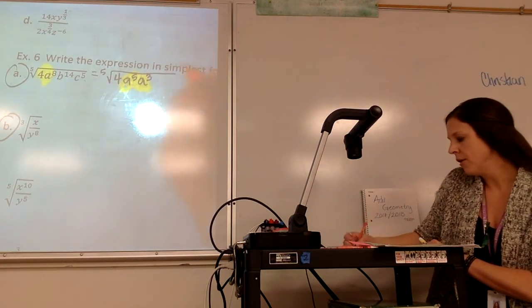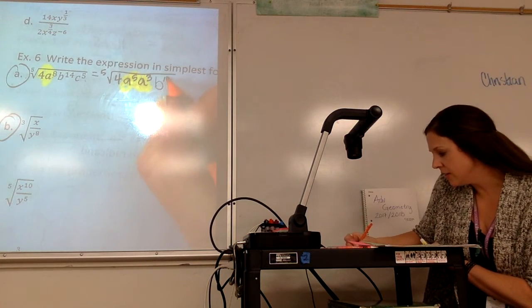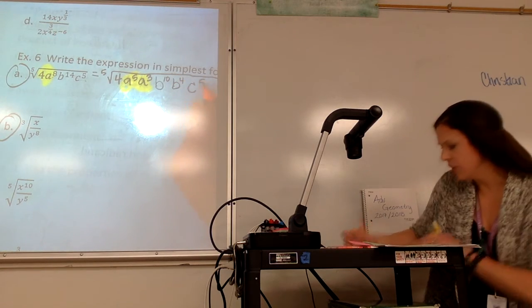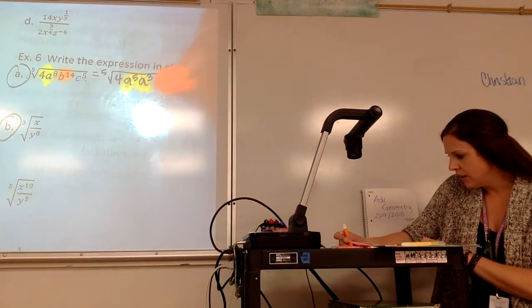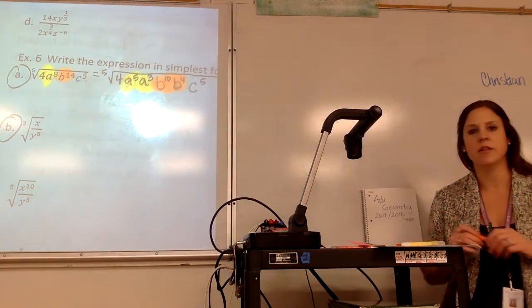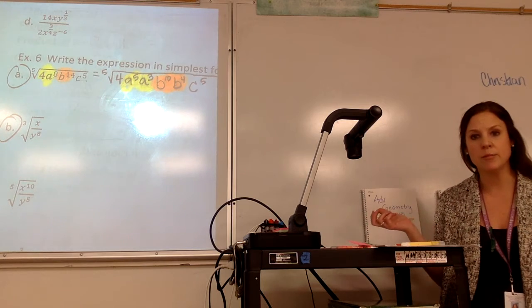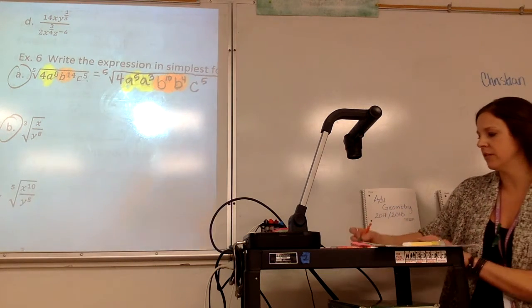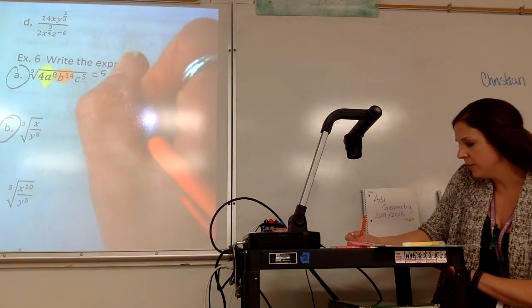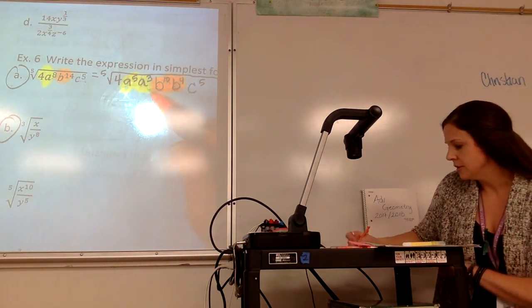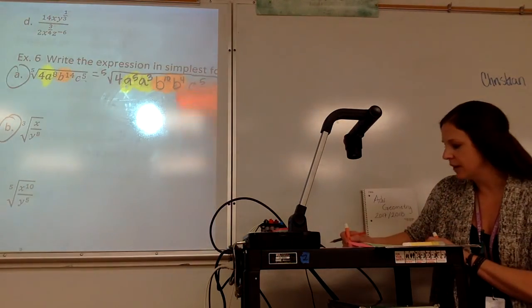All right, keep going. So it's going to be b to the 10th times b to the 4th, and c to the 5th is just fine. So I take this b to the 14th, and I broke it into the 10th and the 4th, because you want the biggest value that you can take out that's divisible by 5. So then this becomes the pieces, let me highlight the pieces that I'll fix.